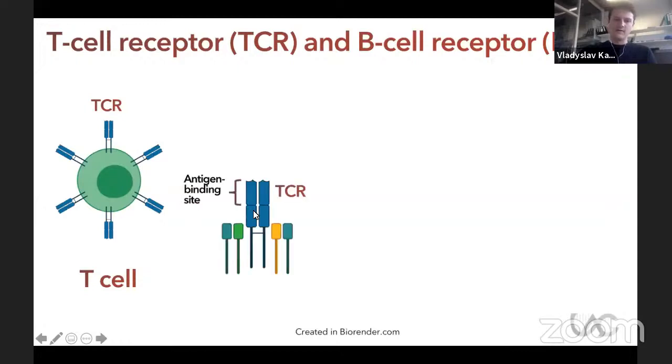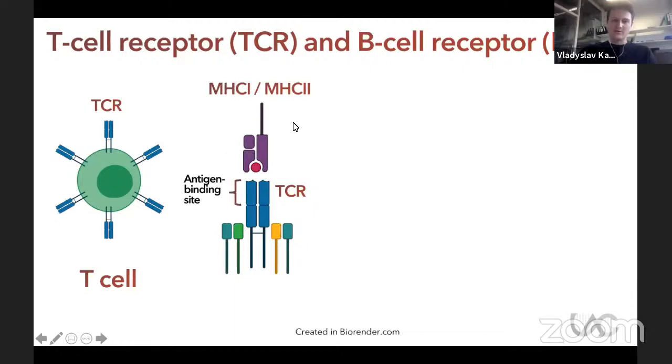If we take a look at the T cell receptor, it looks like this. It has an antigen binding site that will bind the antigen. And this part of the TCR would be unique to each T cell because each T cell would have only one antigen to bind. The TCR cannot bind an antigen that is just diluted in the solution. The TCR must have this antigen presented.